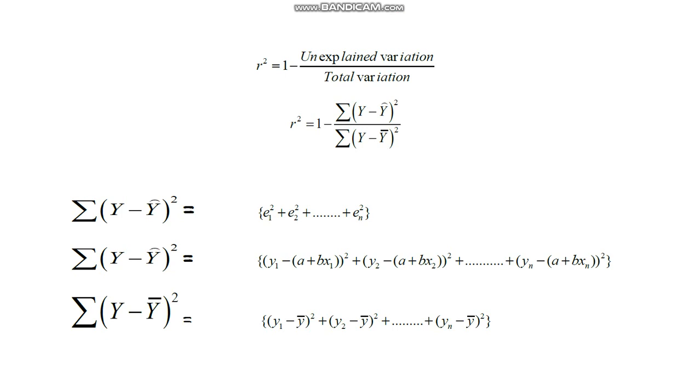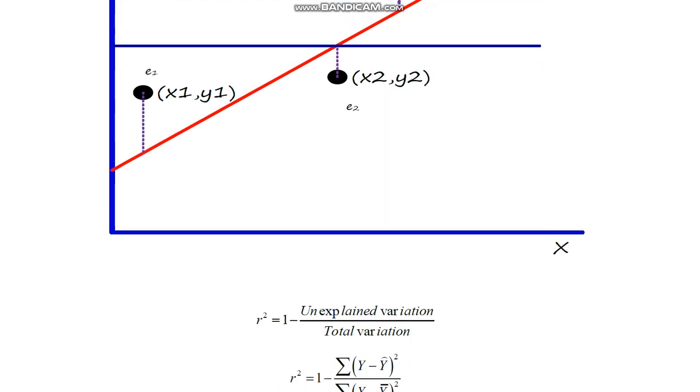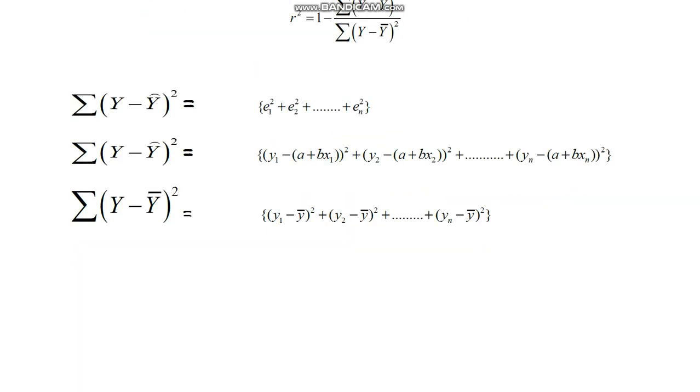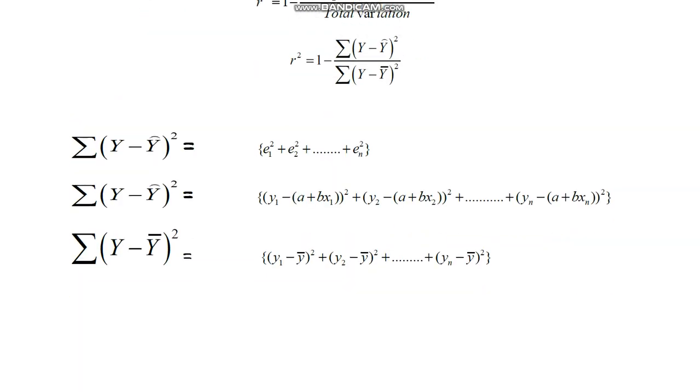So summation y minus y cap squared is equal to e1 squared plus e2 squared and so on up to en squared. You can get the value of summation y minus y cap squared. In other words, e1 is y1 minus (a plus bx1), squared. A plus bx1 is y cap, so y1 minus y1 cap squared, plus y2 minus (a plus bx2), which is y2 cap, squared, and so on.